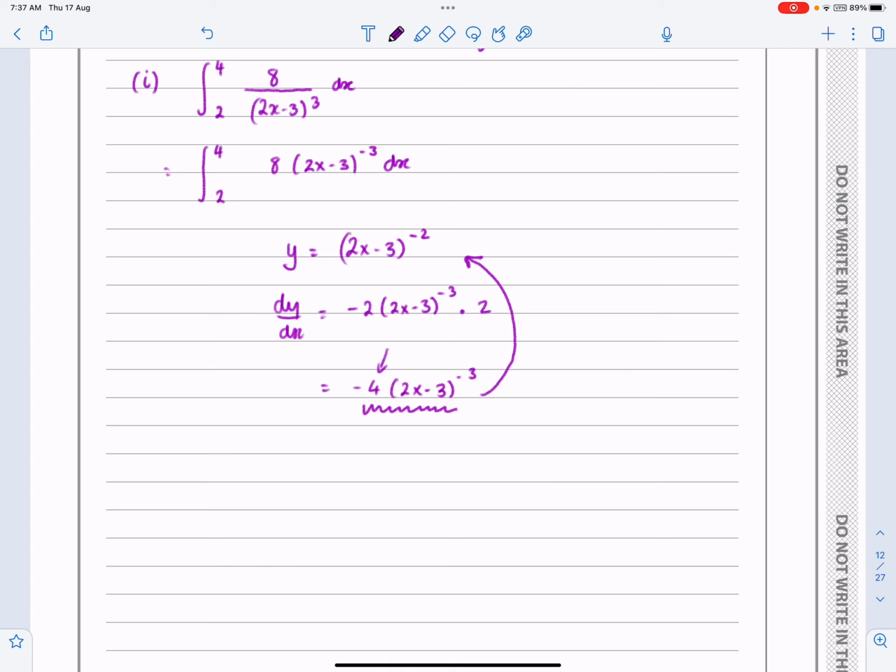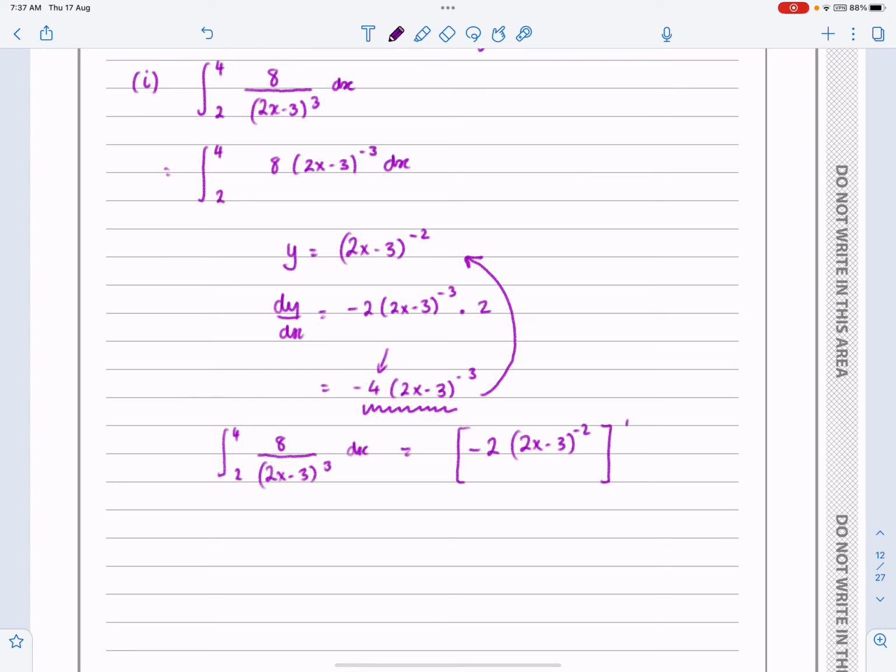I've got 8 lots, not minus 4 lots. So all that means is that when I'm doing my integral now, the integral of 8 over (2x minus 3) to the 3 dx is just equal to minus 2 lots of (2x minus 3) to the minus 2. So we've made that adjustment because of the multiple there.